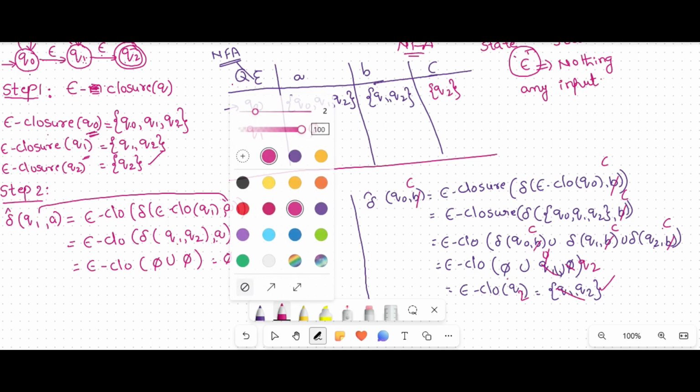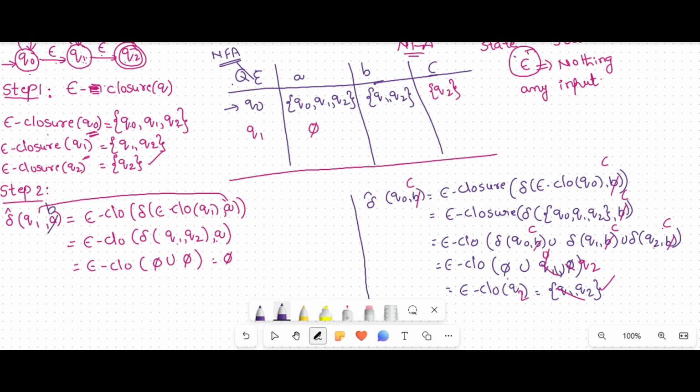Similarly, next one is Q1 with B. Q1 with B is Q1 union Q2 with B, which is phi. That means epsilon closure of Q1 is simply Q1, Q2. Here it is Q1, Q2.